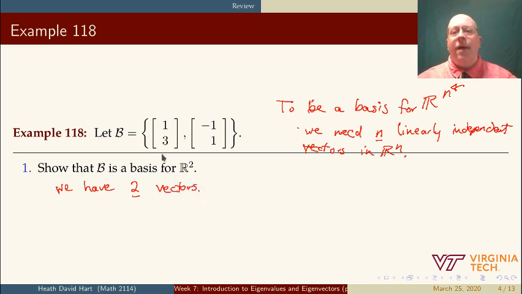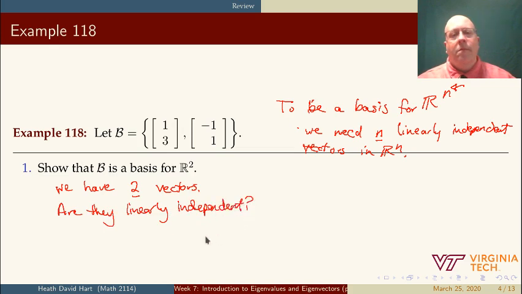The other thing we have to check for is that these two vectors are linearly independent. And we can test that by putting the aggregated matrix into echelon form.